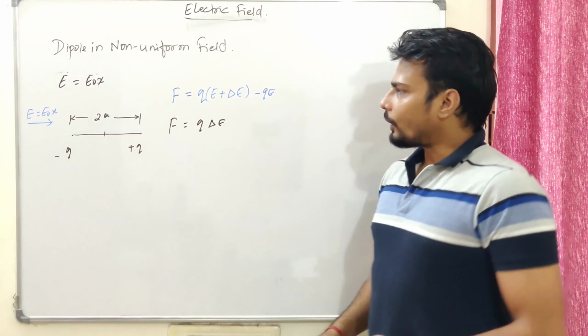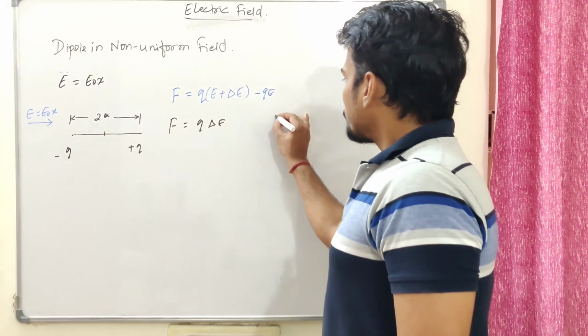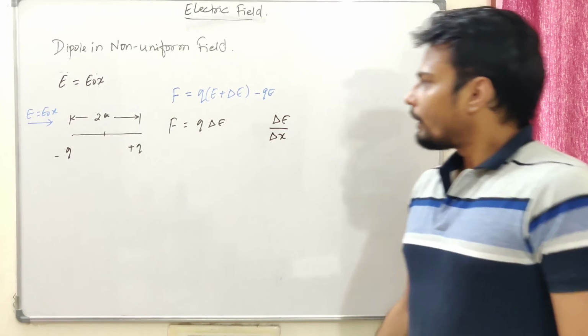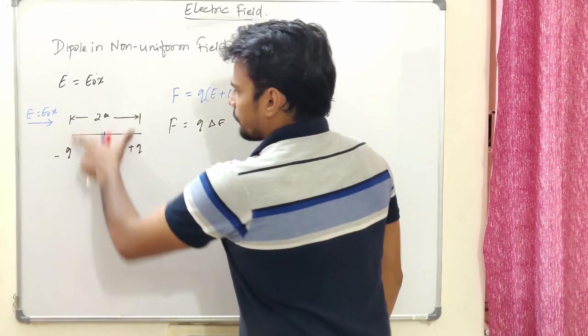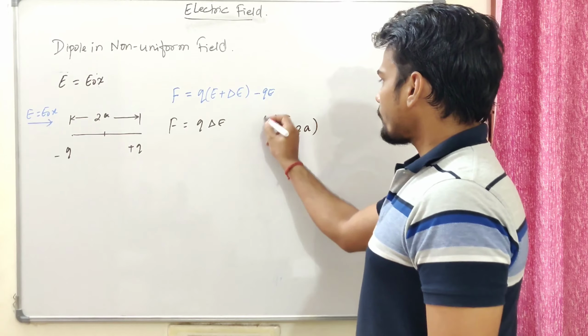Now let us understand the value of delta E over here. Delta E is nothing but the change in the field with respect to x. For what length has it changed? For a length of 2a.